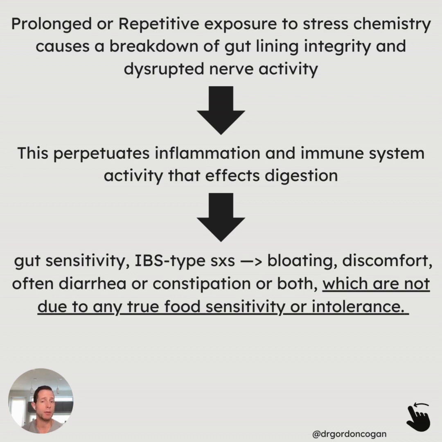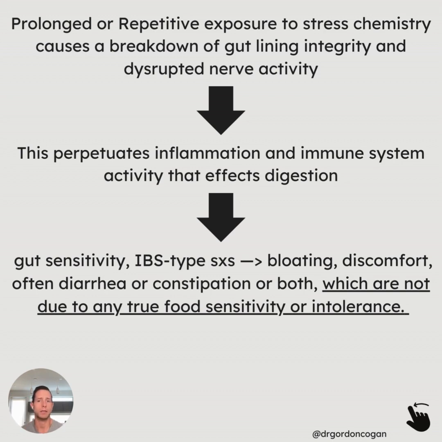Maybe it's hyperactive or hypoactive. This can be different from individual to individual. This perpetuates the inflammation and immune response as well, which affects digestion. So we get this matrix of downstream effects when our gut cells are exposed to these particular chemicals, and then it starts to run in a loop.